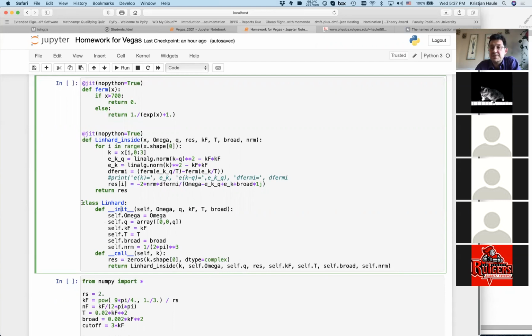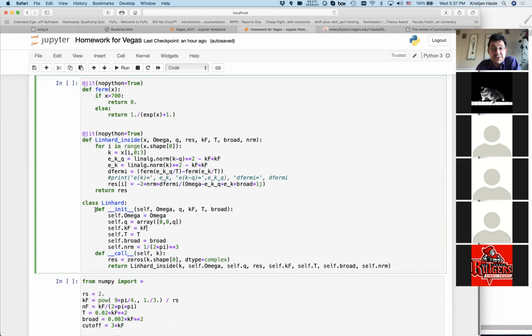NumPy usually solves this problem with args. You remember we said many times how to give additional arguments to all the NumPy functions. That's another way to do it. I didn't do it that way. I did it through a class.